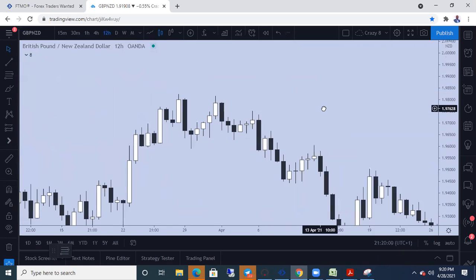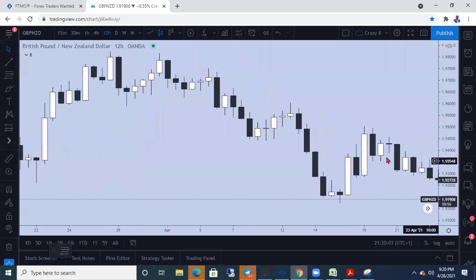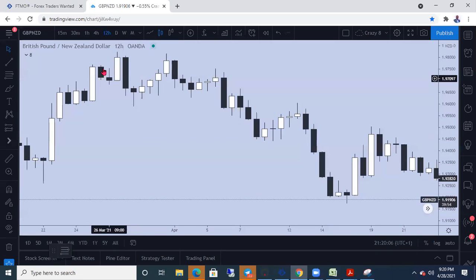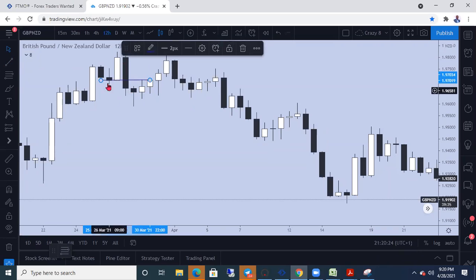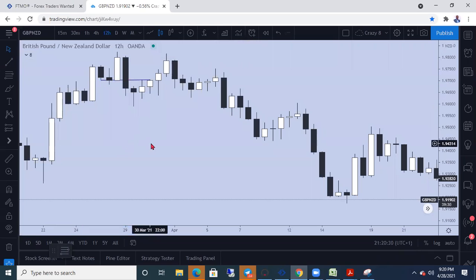So let's say at this peak here, the highest candlestick pattern we can find is a bullish engulfing. You can see that. Then price came back and closed below the bullish engulfing, and that gave us a violated bullish engulfing. Remember, a violated bullish engulfing is a bearish signal.